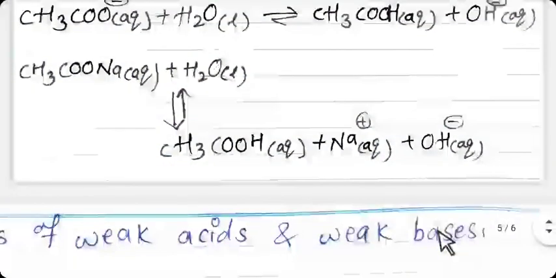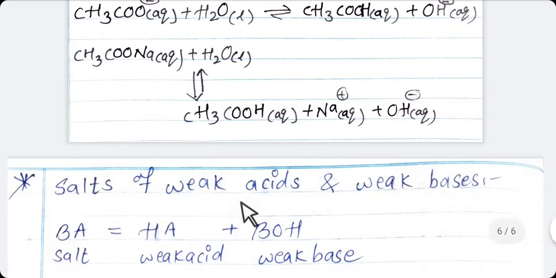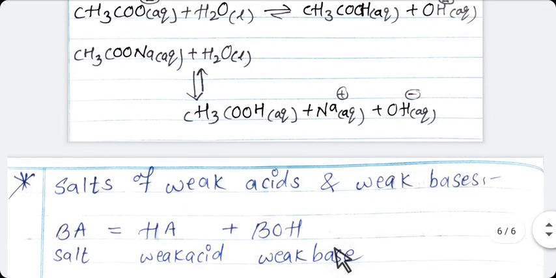Now the next type is salt of weak acid and weak base. Here we are using the general salt BA, which is derived from HA, a weak acid, and BOH, a weak base. The hydrolysis reaction involves the interaction of both ions of the salt with water.